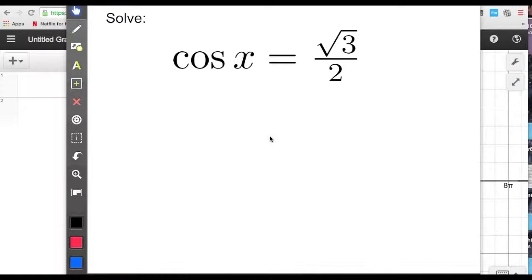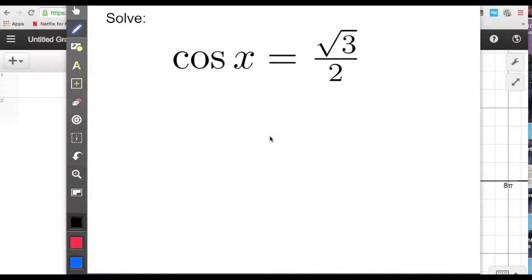Okay, so we've got this first equation here, which says cos of x, cos of some unknown value, equals root 3 over 2, and our job here is to solve. I wanted to remind you that solve means find the value of the unknown, like find the value of x that makes this equation true, which means the left side is the same as the right side.